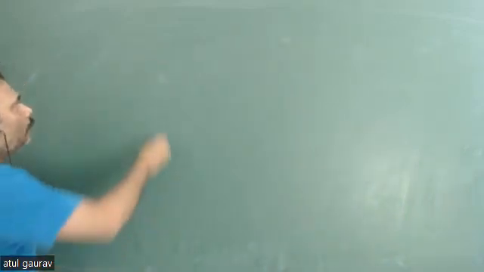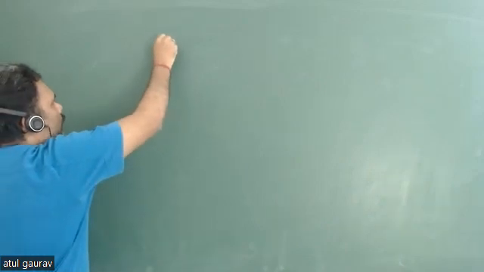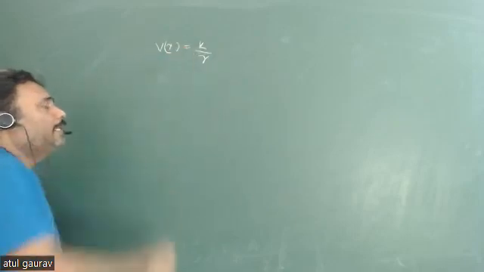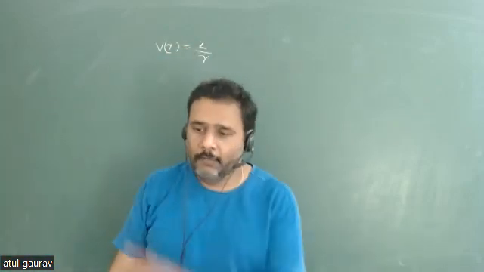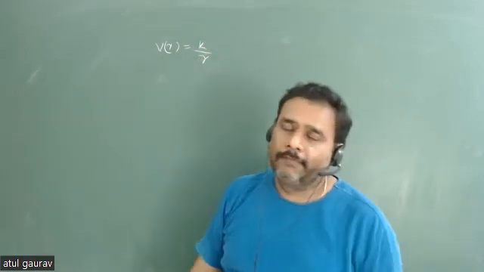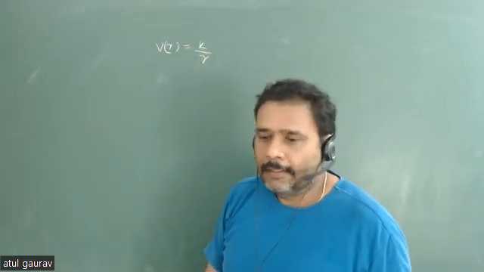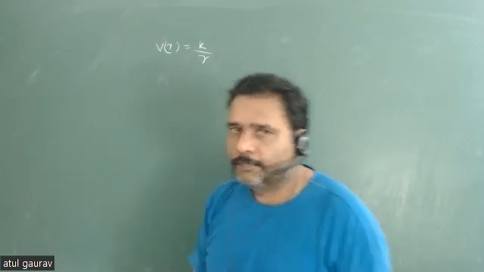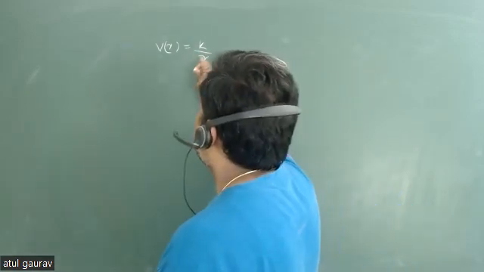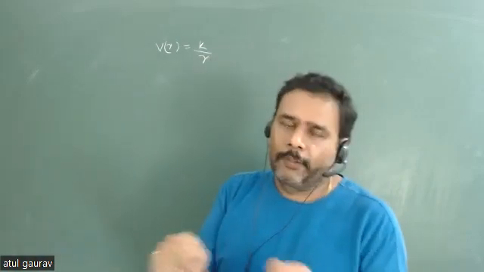Whenever we are talking about Rutherford scattering, this V(r) is equal to k by r, same as you have done in the Kepler's problem, but the negative sign is not there. This is positive k by r. Sorry, Kepler's potential actually, not Kepler's problem. So this is the potential for Rutherford. So what we have is the Coulomb potential.